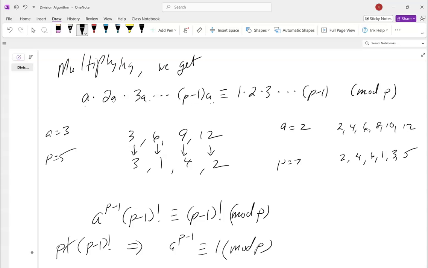In fact, if you want to look up an interesting result on your own, there's something called Wilson's theorem, which talks about what (p-1)! is congruent to mod p. I'll leave that for a discovery exercise for you. And by discovery exercise, I mean you can Google it. It'll tell you what the answer is.